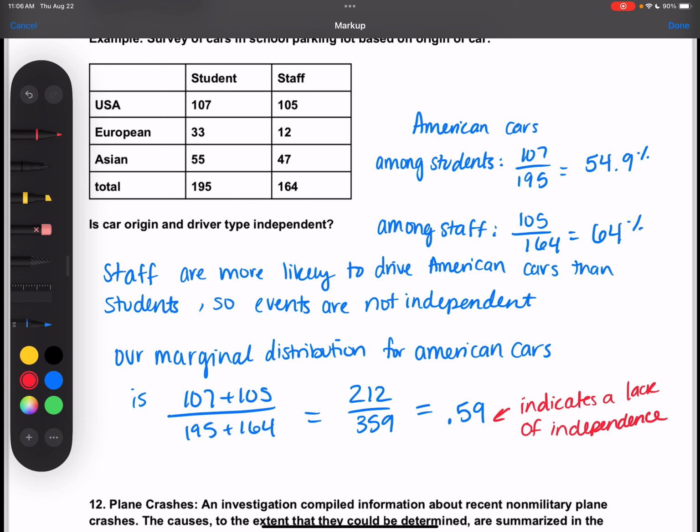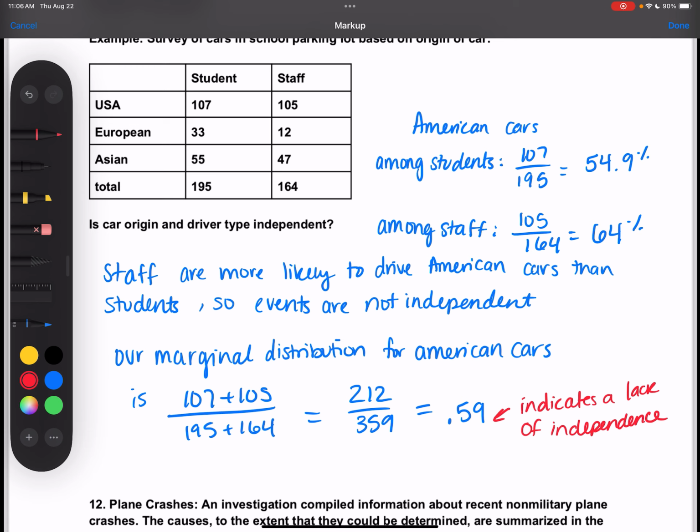Because that number should be 50% if what we found to be was true, or like the same as what these were. Because I guess saying 50% isn't necessarily an accurate statement, because if there's more things to add up than just 2, they wouldn't be 50%.